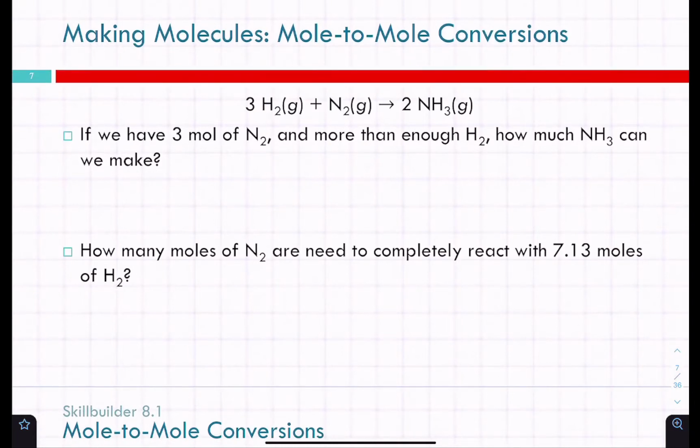Okay, so if we have 3 moles nitrogen, and again, assume an infinite amount of hydrogen, how much ammonia can we make, the NH3 over here?